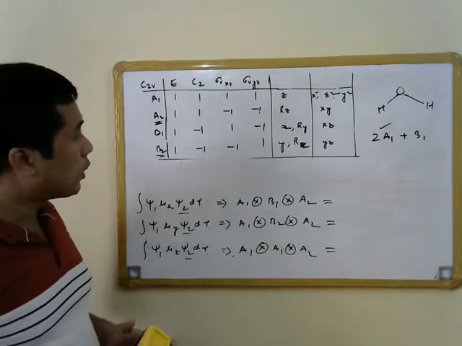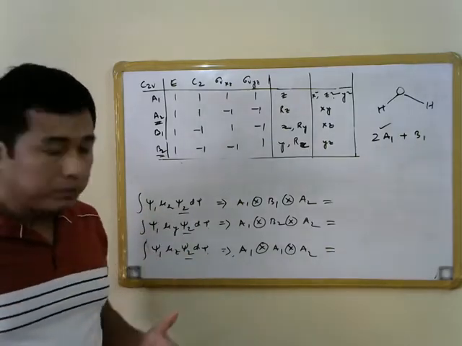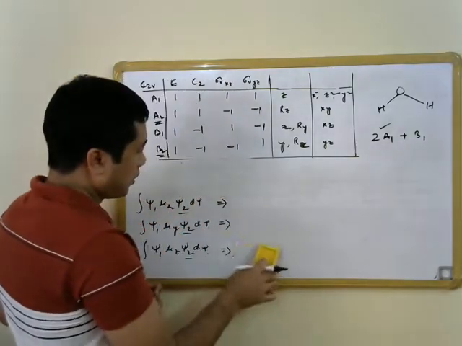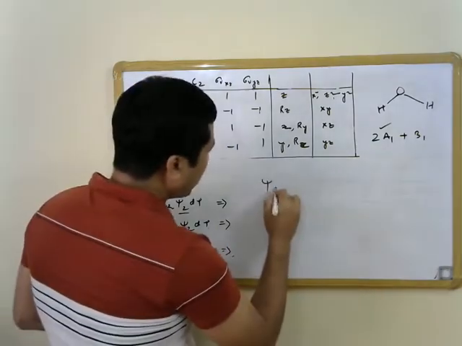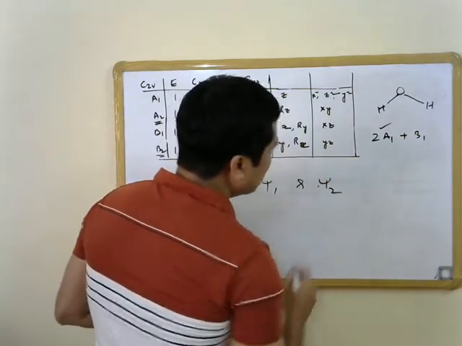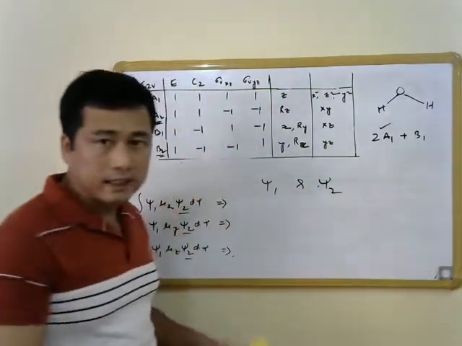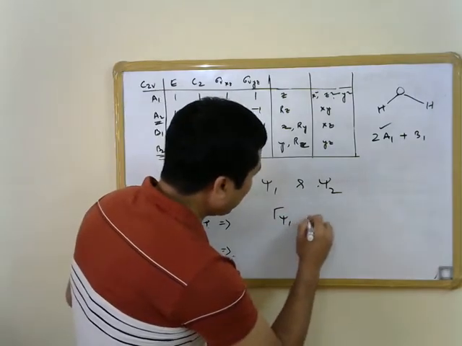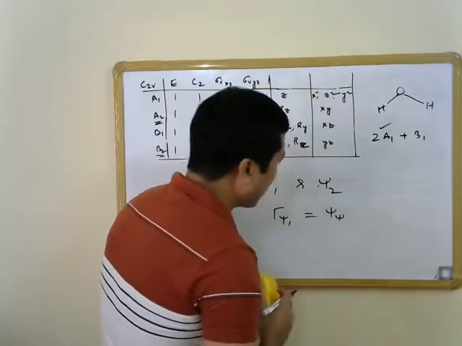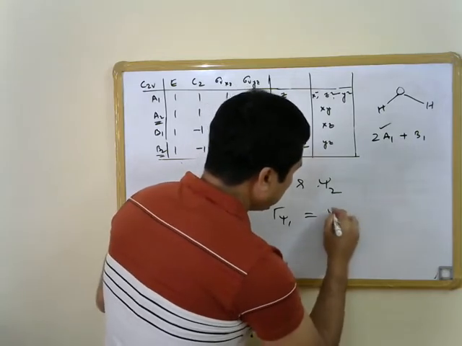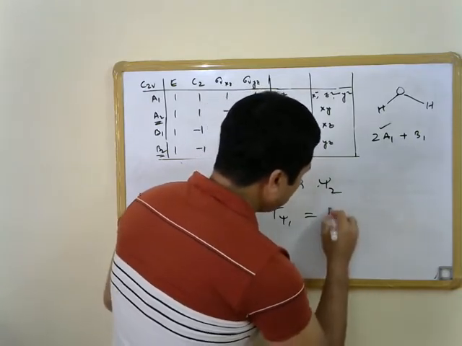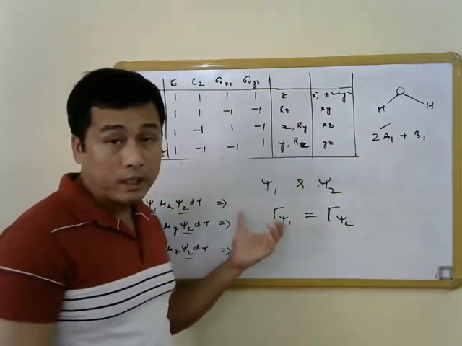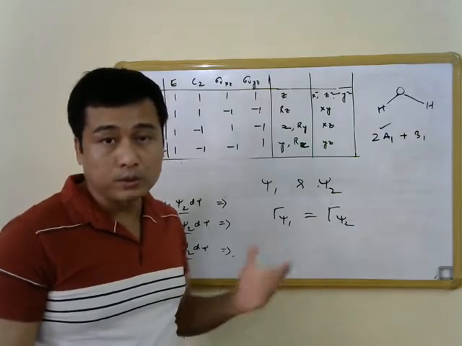This happens because the particular integral will have a non-zero value only when both psi1 and psi2 essentially transform as the same irreducible representation, or gamma psi1 must be equal to gamma psi2, otherwise the answer is going to be equal to 0 for that particular integral.